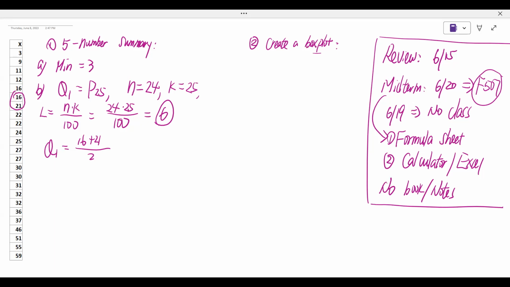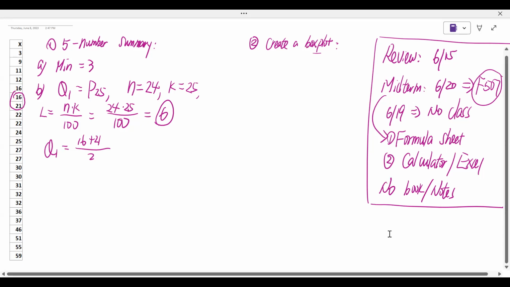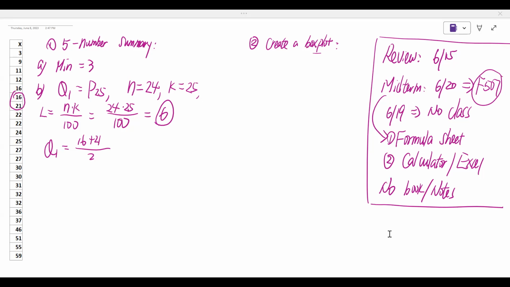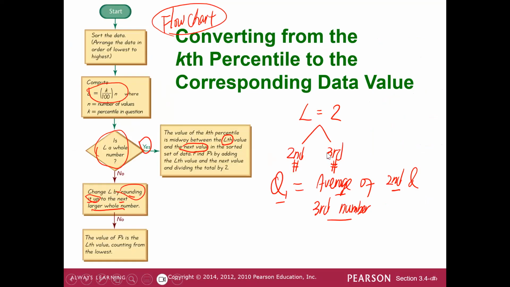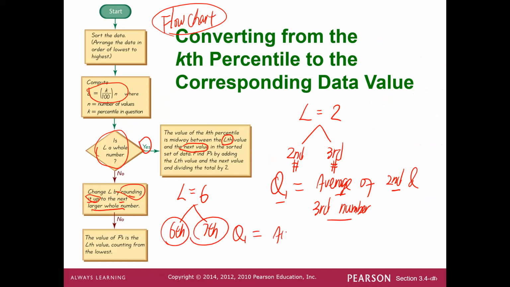But in this question, the locator is a whole number. If it is a whole number, you average. So L equals 6, and I average the 6th data value and the 7th. So quartile 1 is the average of the 6th and 7th numbers.